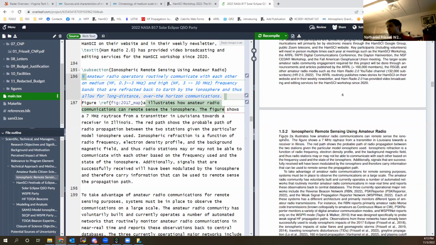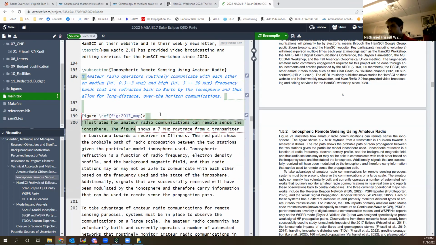So it says figure 2A illustrates how amateur radio communications can remote sense the ionosphere. The figure shows a 7 megahertz ray trace from a transmitter, and then it just goes on to describe the figure. I think you can simplify that by putting the figure shows a 7 megahertz ray trace, Illinois, comma, which illustrates how amateur communications can remote sense the ionosphere.